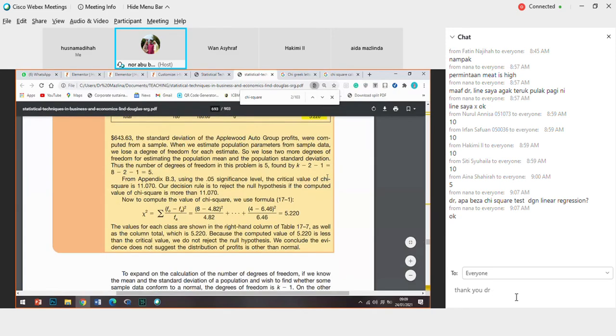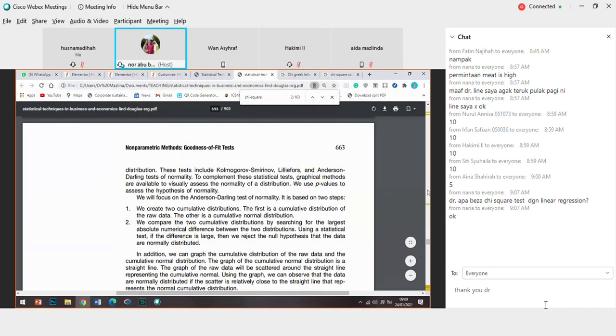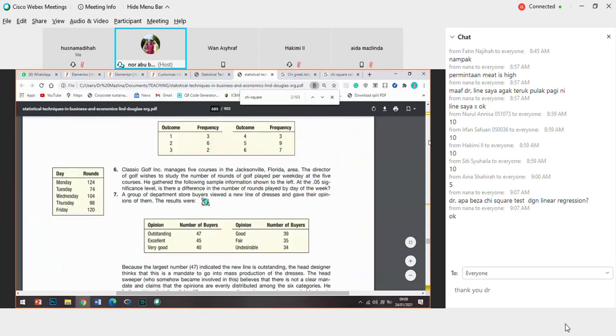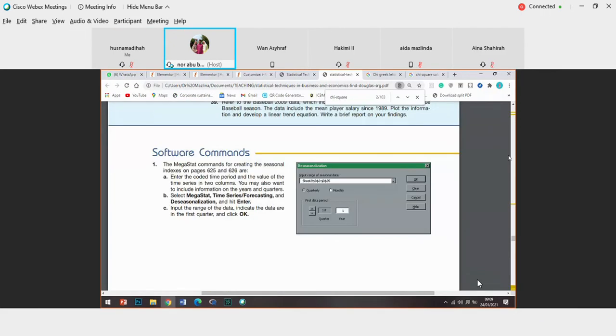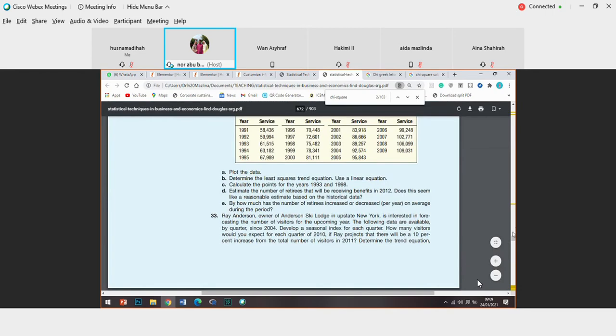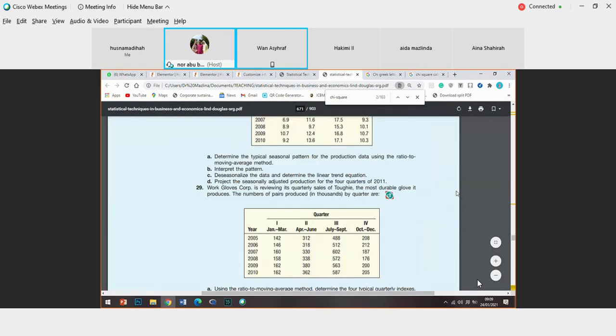Okay, saya bagi awak contoh lah. Okay. Let's have a look at multiple linear regression.